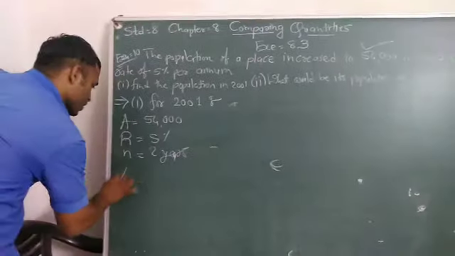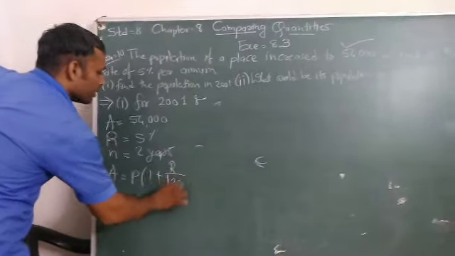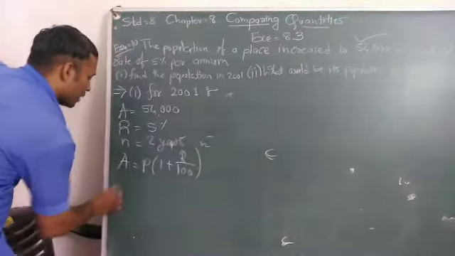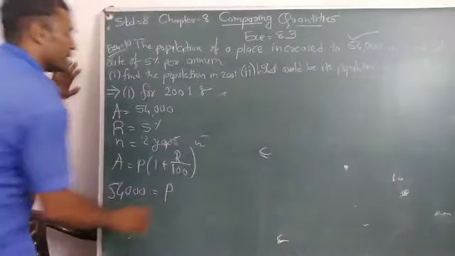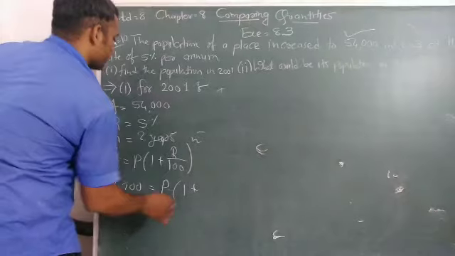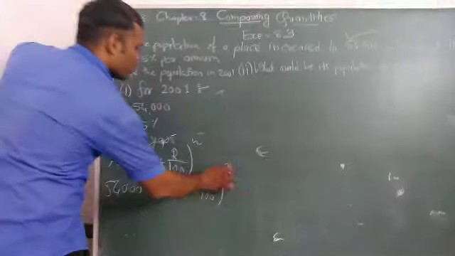Okay, now amount is equal to principal in bracket 1 plus r upon 100 raised to n. Amount will be 54,000. Principal we want to find. 1 plus r means 5 upon 100 raised to n means 2.